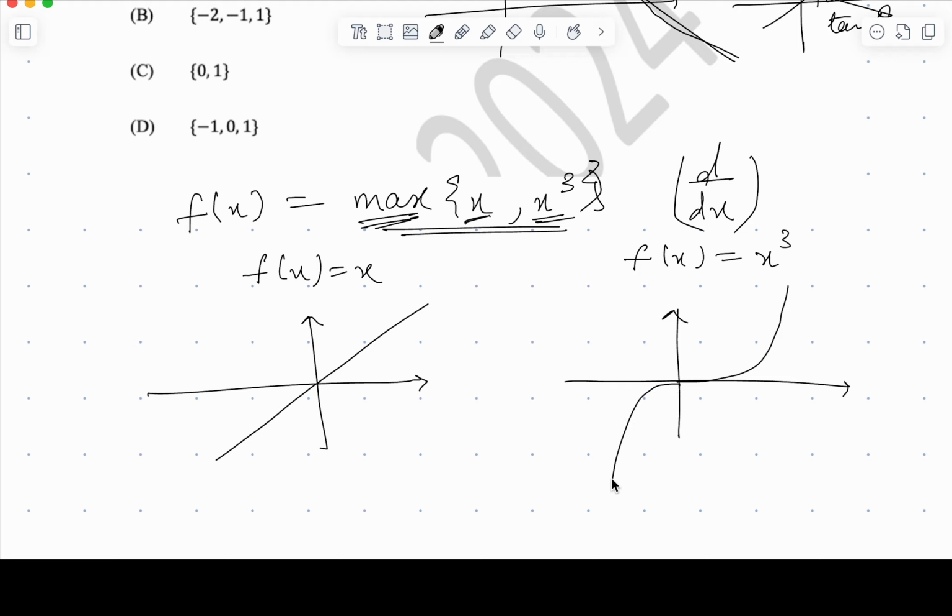Now if you observe, at some places x is greater than x cube, at some places x cube is greater than x. Same is here. At some places your x cube is greater than x, at some places x is greater than x cube. So from these two graphs we can get this graph by looking at which particular curve is above the other.